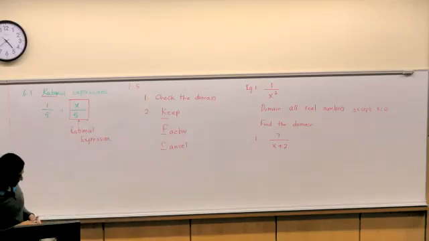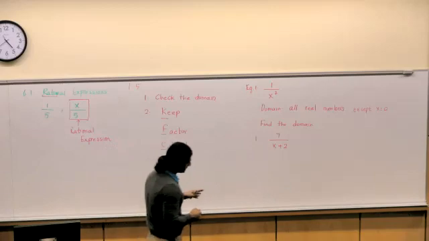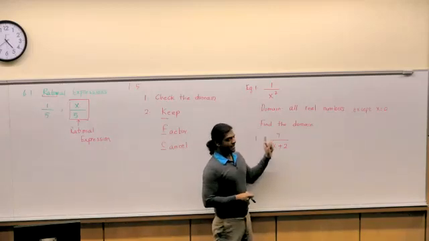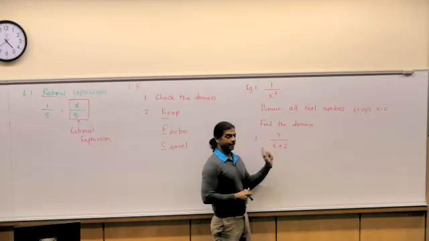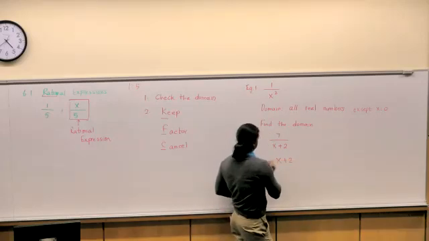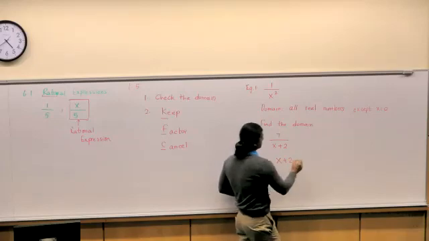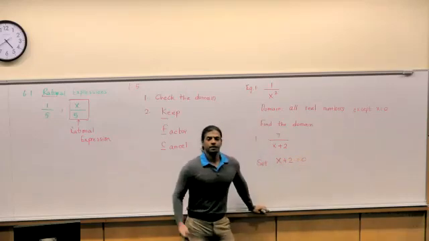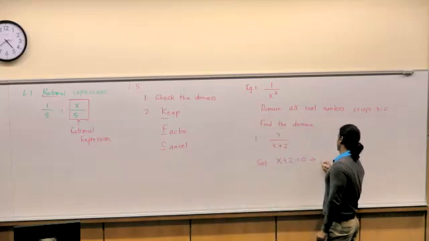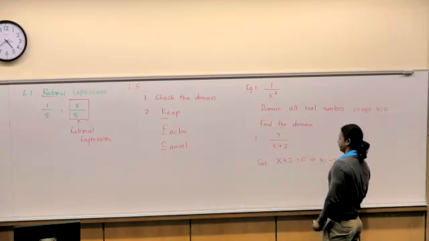To check the domain, all we do is we set the denominator equal to 0. So I have 7 over x plus 2. If I set the denominator x plus 2 equals 0, what would the value of x be? x is negative 2.